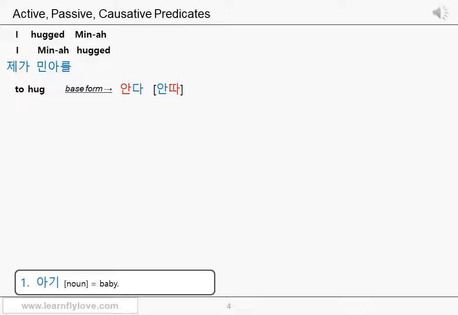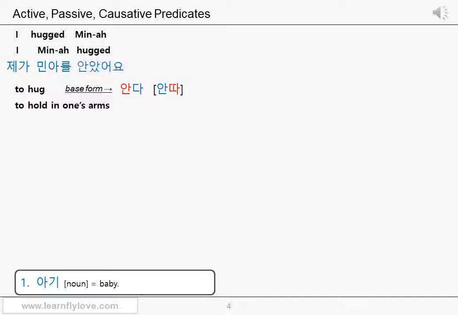Anyway, 안다 can be used to mean that you put your arms around someone or something, or you hold something in your arms. Again, 안다 can mean to put your arms around something or someone, or to hold something or someone in your arms. Arms around or in your arms. Both are possible. Remember that.